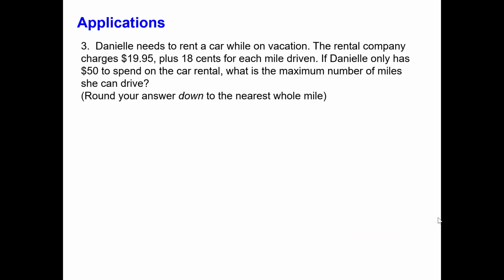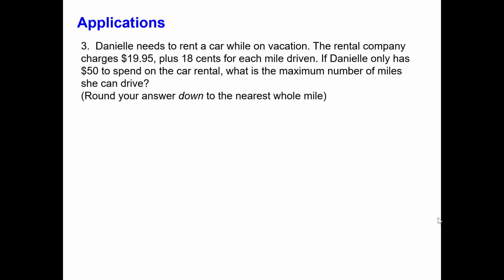In this problem, Daniel needs to rent a car while on vacation. The rental company charges $19.95 plus 80 cents for each mile driven.